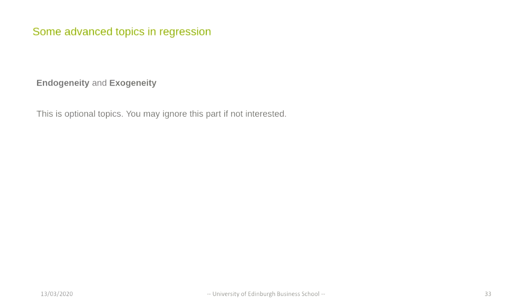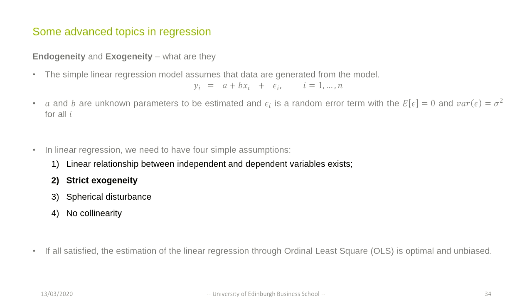The next topic is a little bit advanced. We're going to talk about very common problems in regression called endogeneity and exogeneity. It's not quite easy to pronounce. So what are endogeneity and exogeneity?